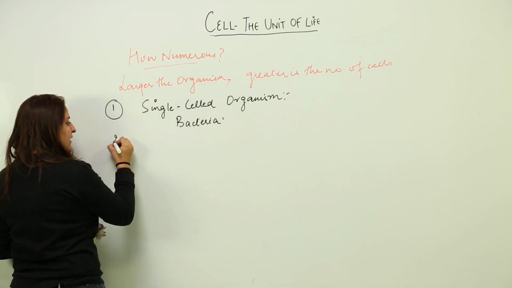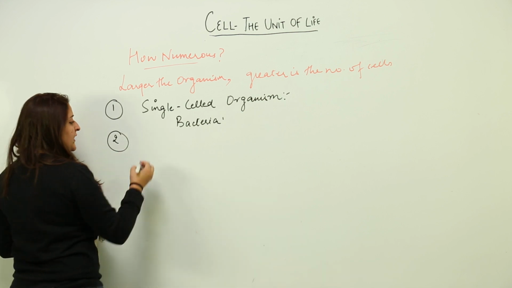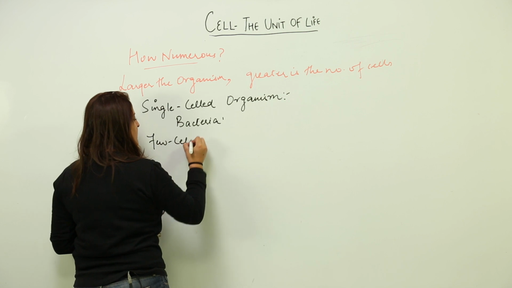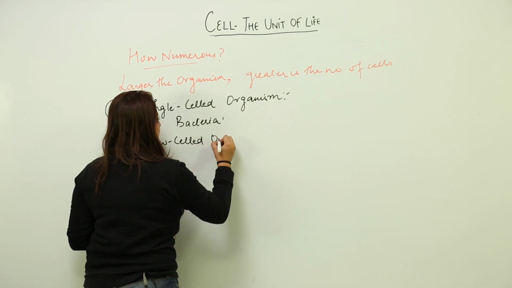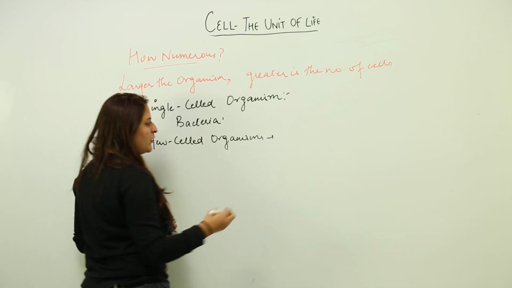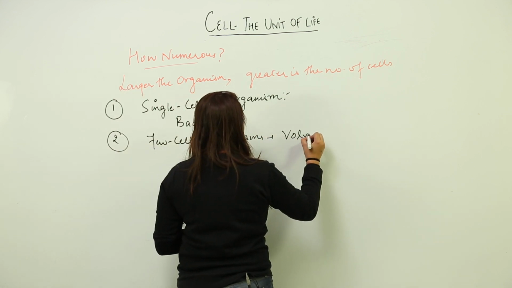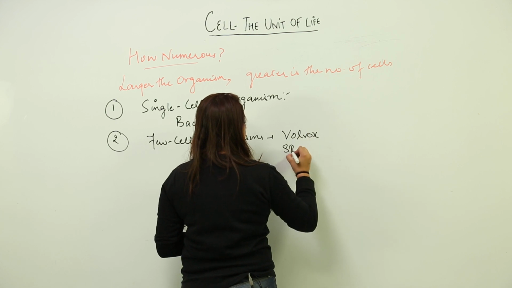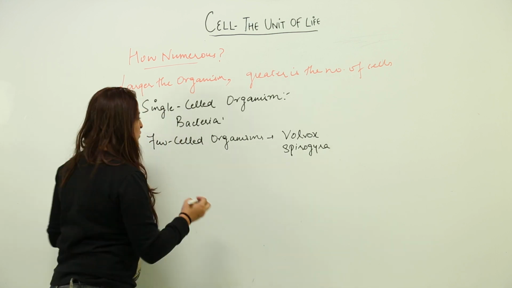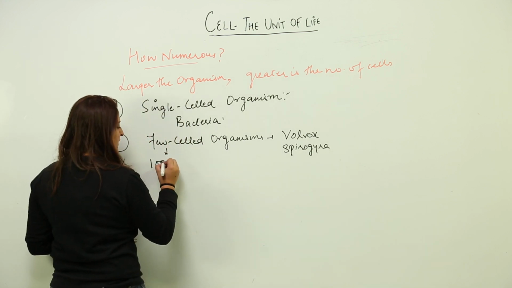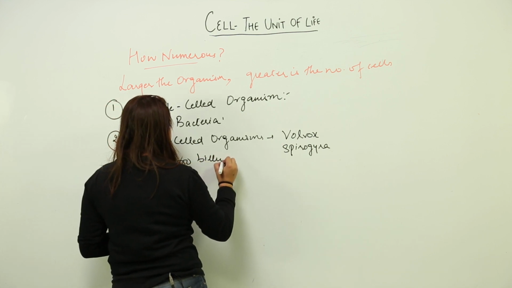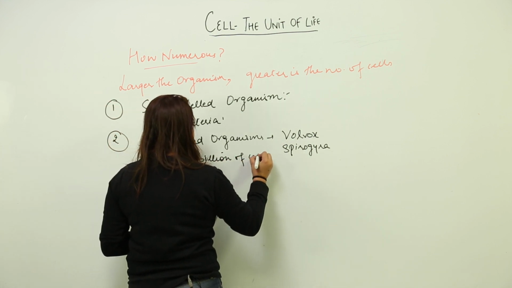There are various other organisms that are formed from a few cells. These few-celled organisms can be like Volvox or Spirogyra. These are a few examples of few-celled organisms. Few cells means 100 to 1000 billion cells are present in that type of organism.